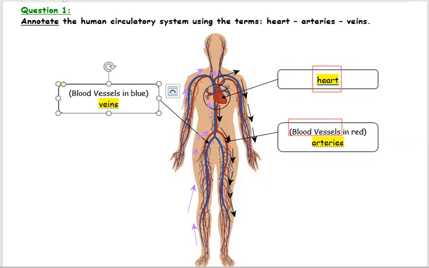There are two types of blood vessels: the arteries and the veins. The arteries carry the blood rich in food and oxygen to every part in your body, while veins take the blood carrying wastes from the body parts to the heart.